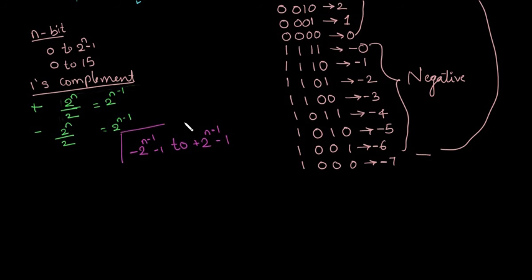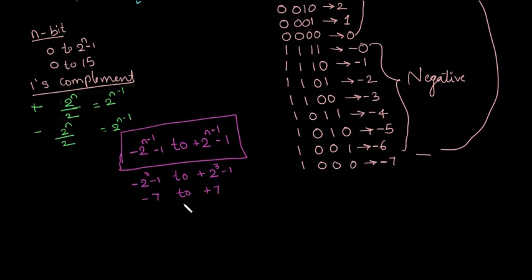This is the range of positive and negative numbers represented in 1's complement system. If we substitute n as 4, we get minus 2 power 3 minus 1 to plus 2 power 3 minus 1, that is minus 7 to plus 7.